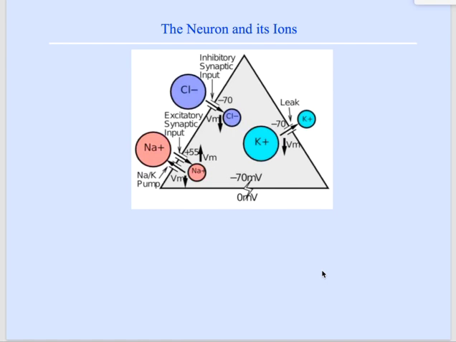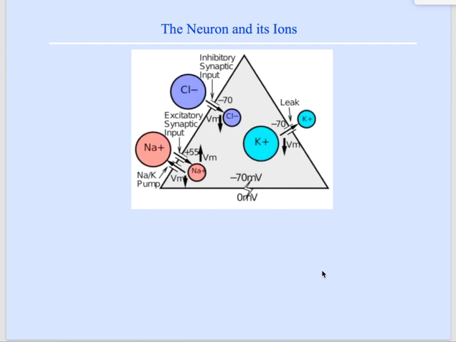One, the potassium ions, which are the leak current, that's just a steady state that doesn't respond to anything in particular. The chloride ions respond to inhibitory neurotransmitters, so those can change dynamically. The flow of the negative ions into the cell body can change dynamically as a function of the neurotransmitters. And then you have the sodium ions, which are positive ions.